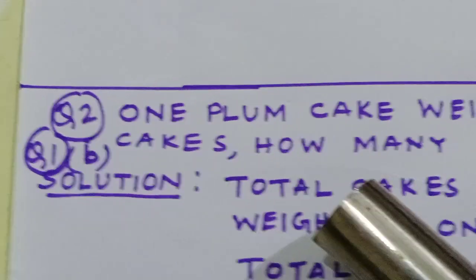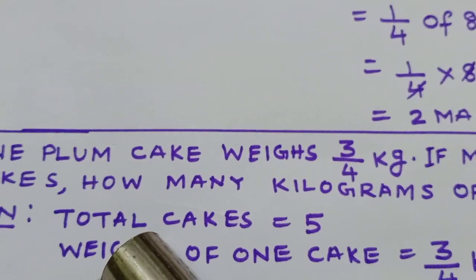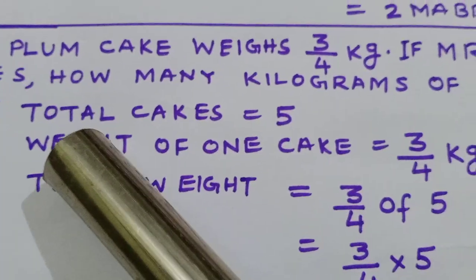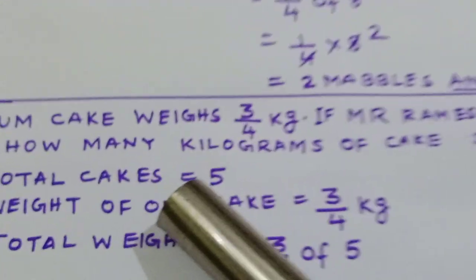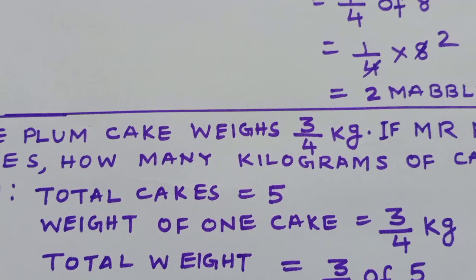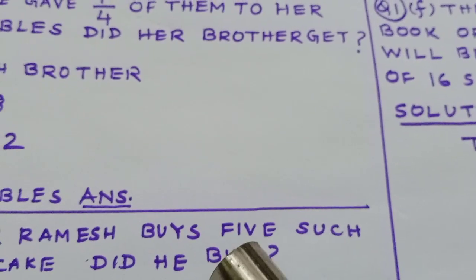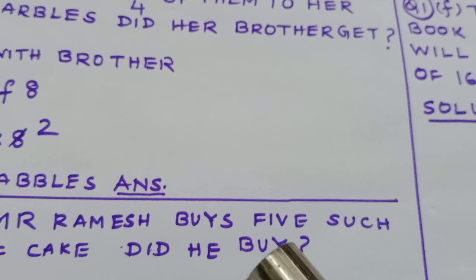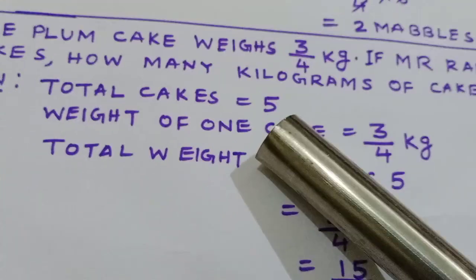Now we will write the statements. Statements is must in word problems. Total cakes is equal to 5. It is given in the worksheet, question 1B. So total cakes is equal to 5.